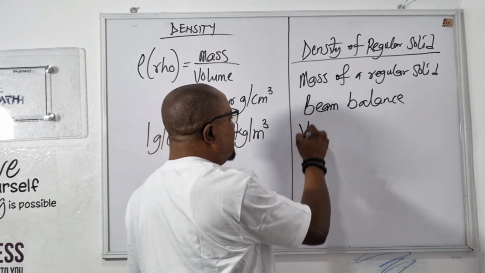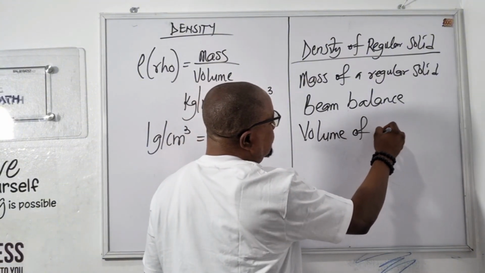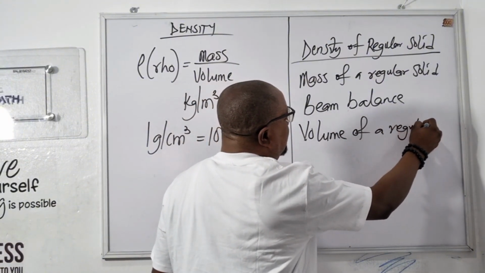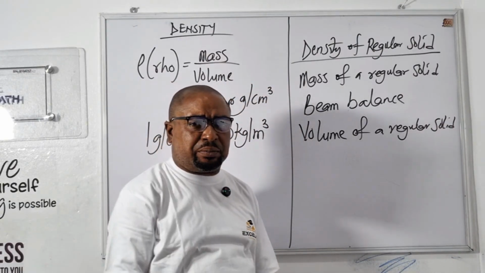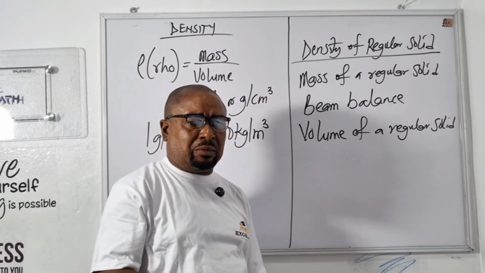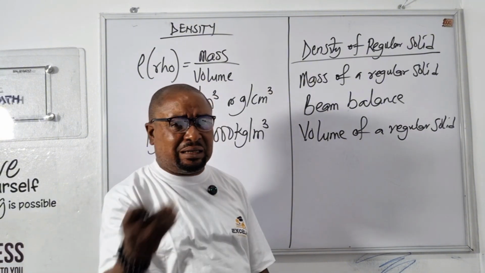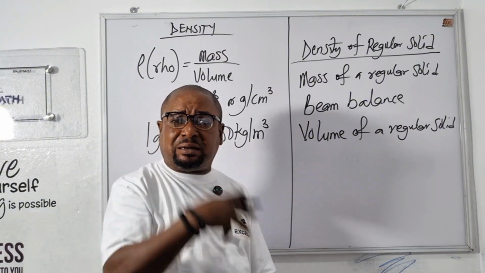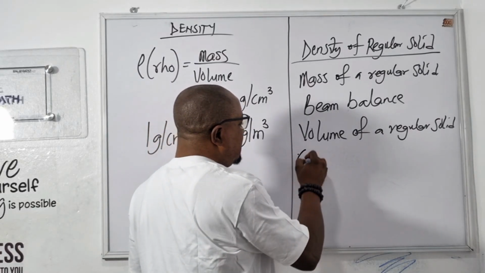Now, the volume of a regular solid, how do we get that? Because it has a shape, the shape has a name, and it also has dimensions, so we can easily calculate the volume of that regular solid. Example, let's look at a cylinder.